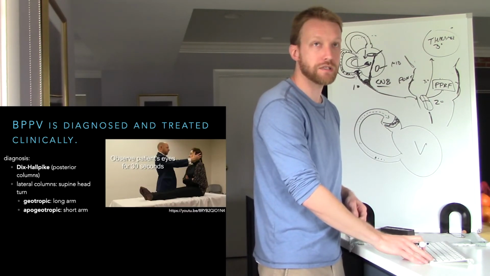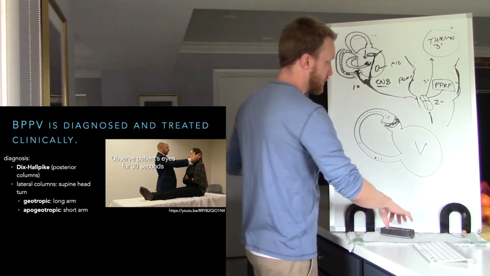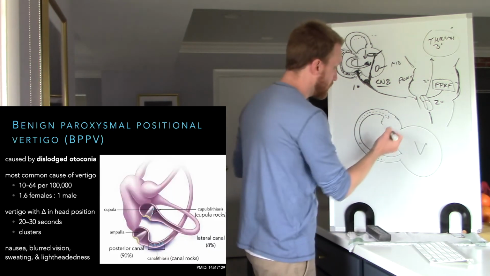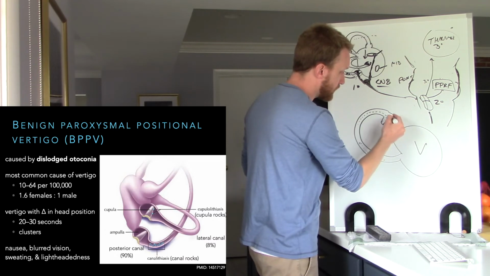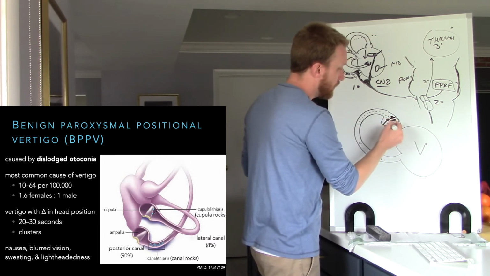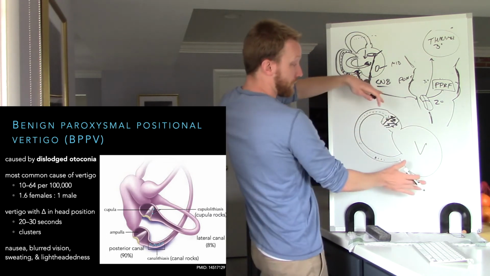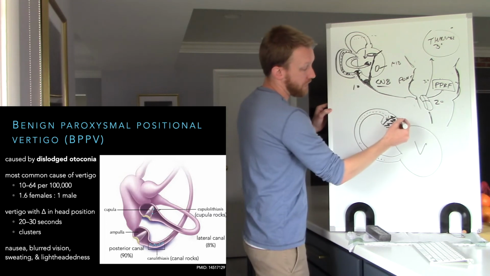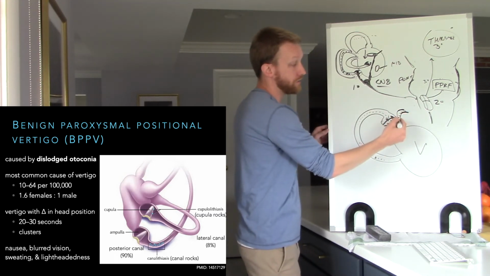For a cupulolithiasis, it's a little different, right? So let's say we turn our head. In fact, let me go back. So for cupulolithiasis, if the sand is stuck here, doesn't matter where, doesn't matter which side it's stuck to, gravity is still going to pull it whenever we turn left. We're going to actually deflect downward this way, and we're going to deflect our cupula the opposite direction.